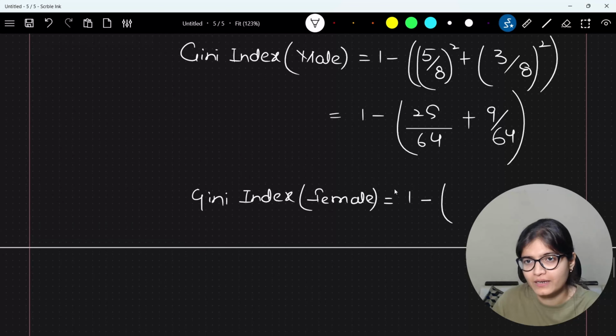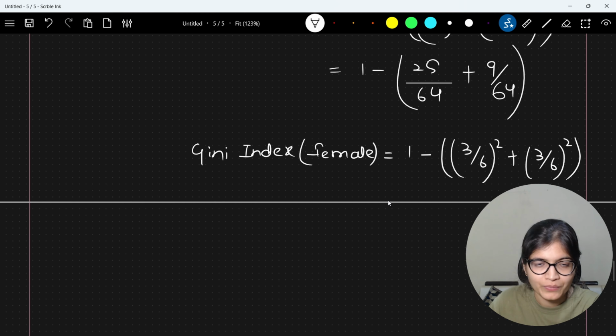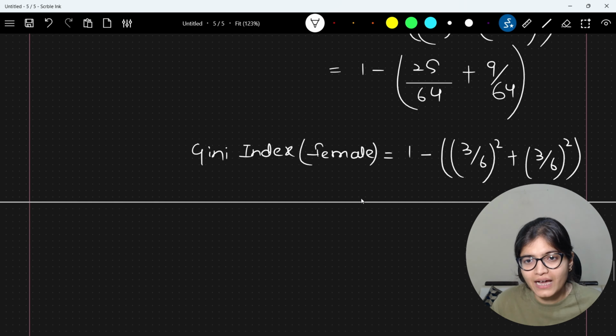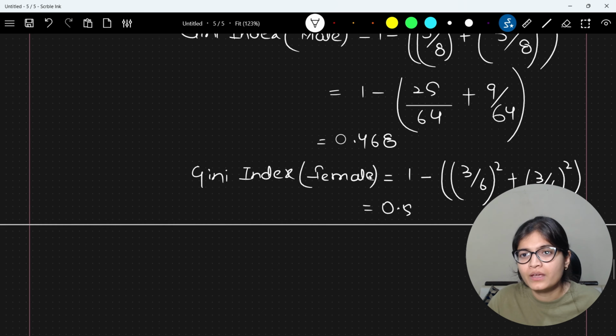What is the value of female? Again 3 by 6. So 3 by 6 square, 3 by 6 square. You can evaluate this as well. You will get the answer here as 0.5 and here as 0.468. I already evaluated it, so I am just writing down the answer. You can evaluate it at home, okay?